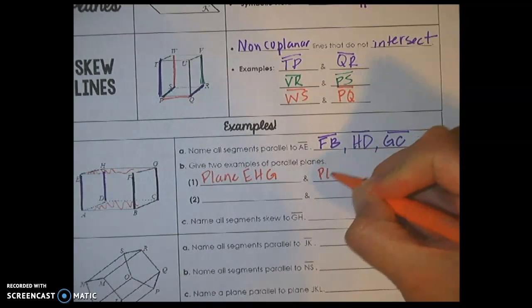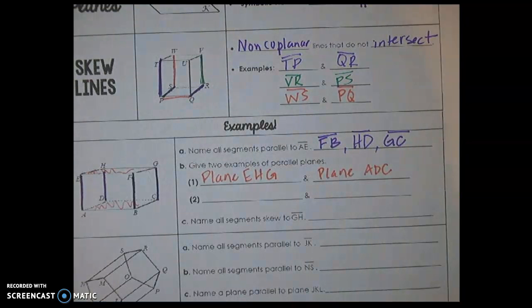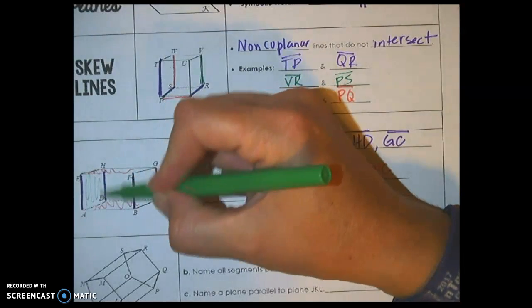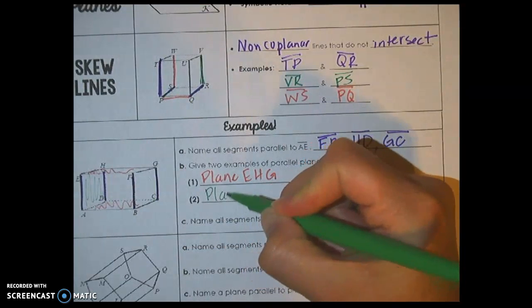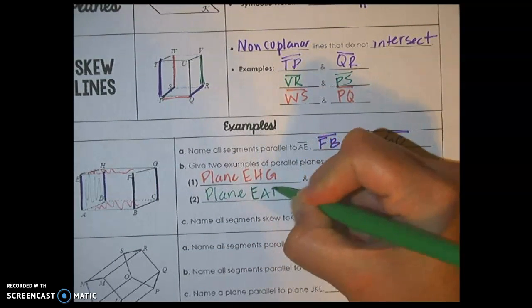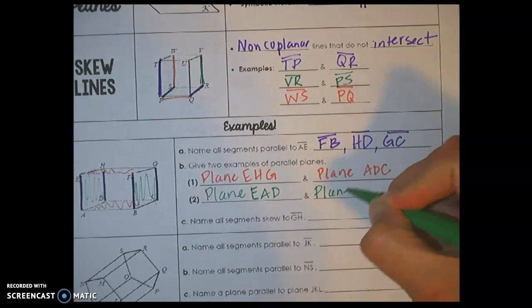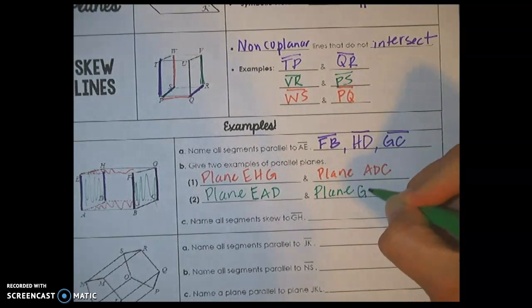So we can do plane ADC. We can look at this plane over here, plane EAD, and the plane parallel over here, plane GFB.